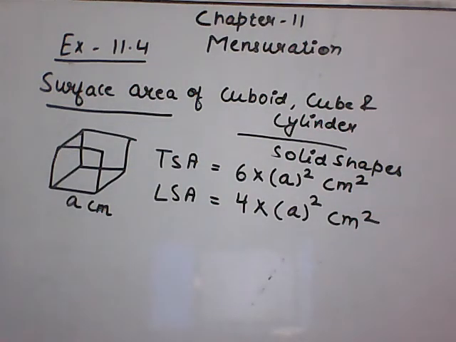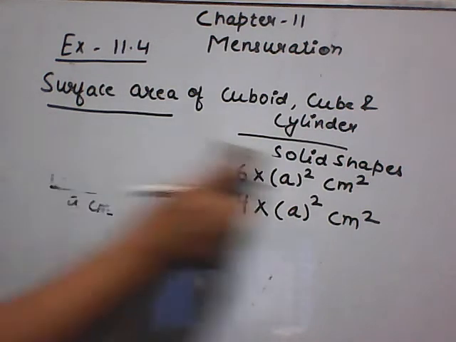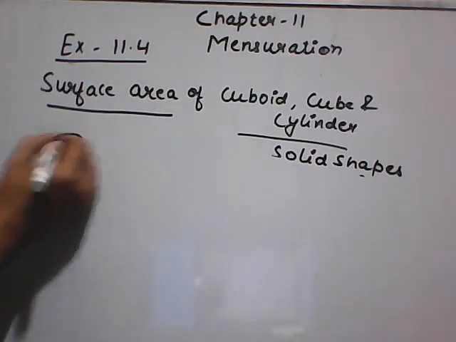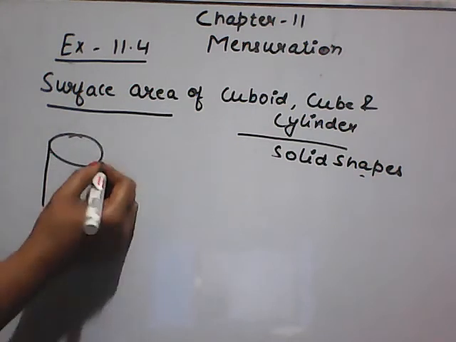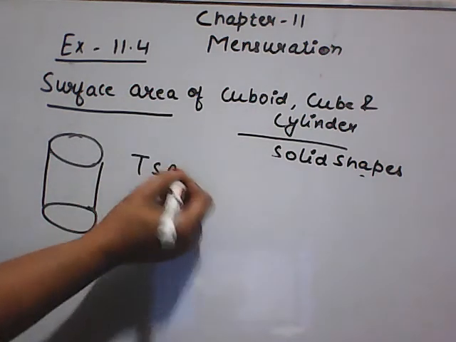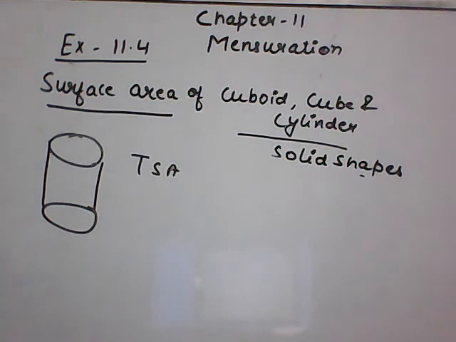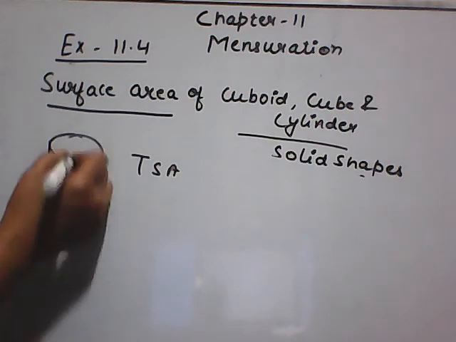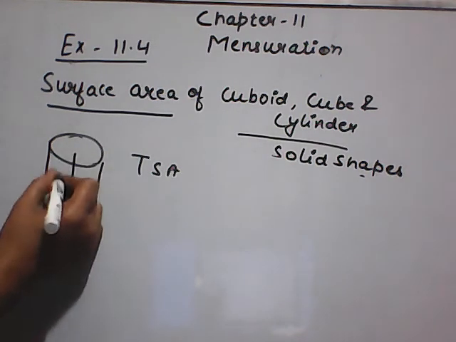Next is cylinder. Now, what is the total and curved surface area for the cylinder? Suppose it is a cylinder. In this, it is the radius of the cylinder and this will be the height of the cylinder.